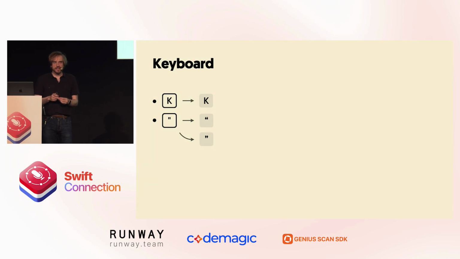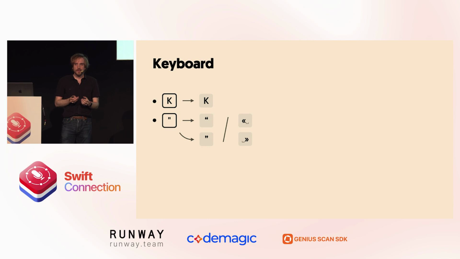And actually, you'll get different quotes based on where you are in the world, since if you're typing in French, you'll get French quotes. Not just that, you'll get the spaces associated with them, because that is what French typography calls for. So yeah, 2 characters for the price of 1. We have this one key that can do many things based on context. And we actually have many examples for the keyboard.